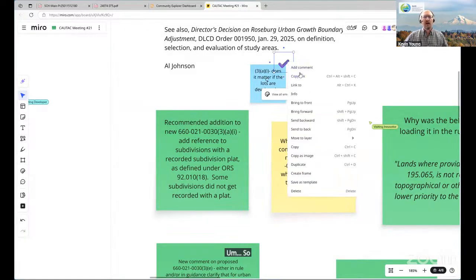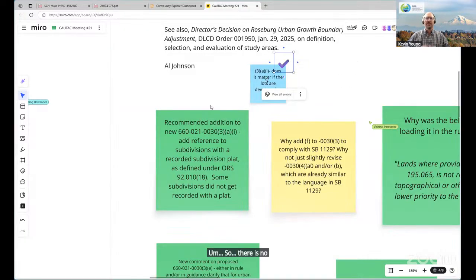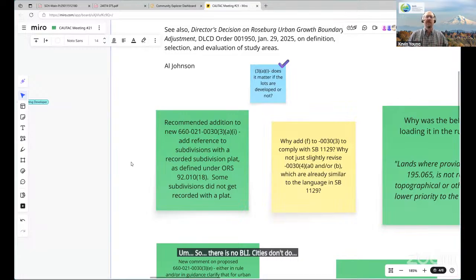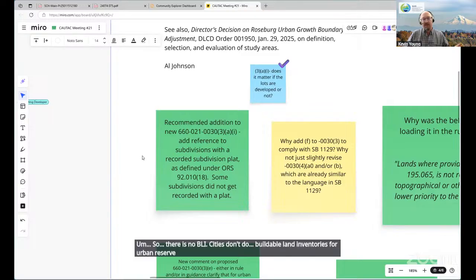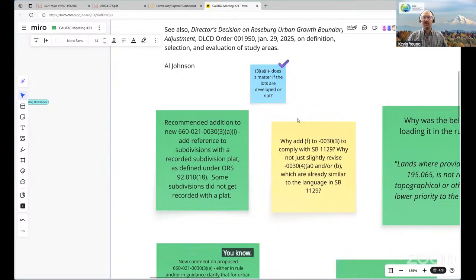So there is no BLI. Cities don't do buildable land inventories for urban reserve areas, or generally there's no requirement to do that. And so there's some level of analysis that can be done for those candidate areas, but it's a question for the group as to whether it would make sense to factor in development.